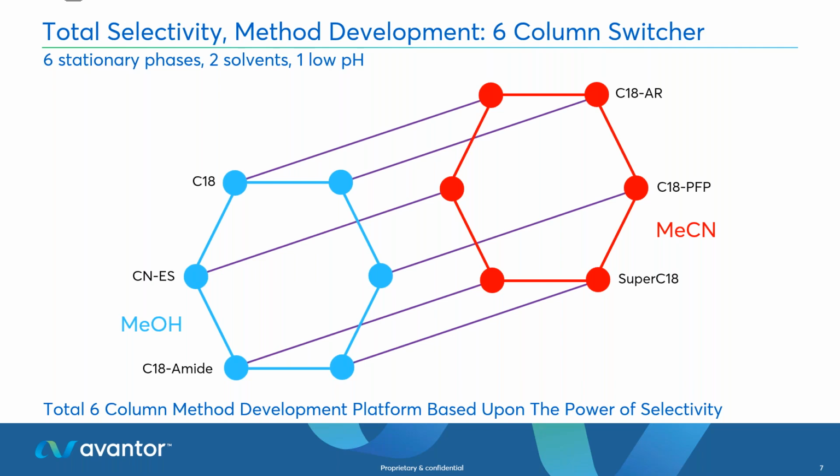So our screening platform uses 6 columns and 2 organic modifiers. Methanol and acetonitrile have different interactions and a big influence on selectivity. Therefore, if we're utilizing both solvents, we can see significant differences when it comes to selectivity.